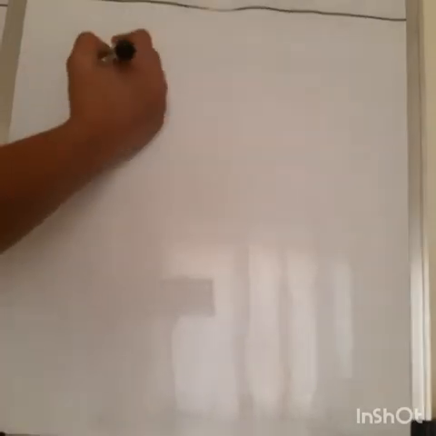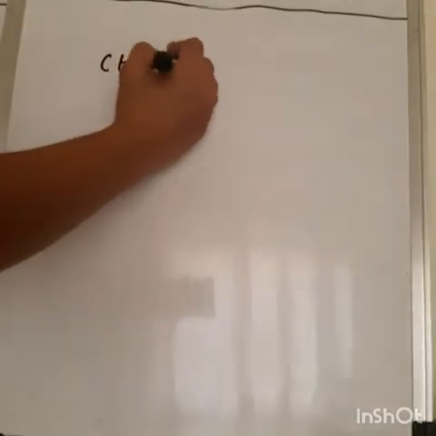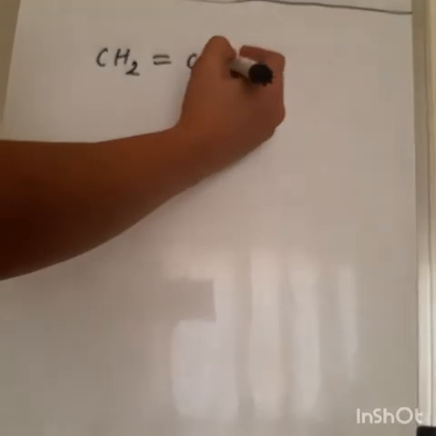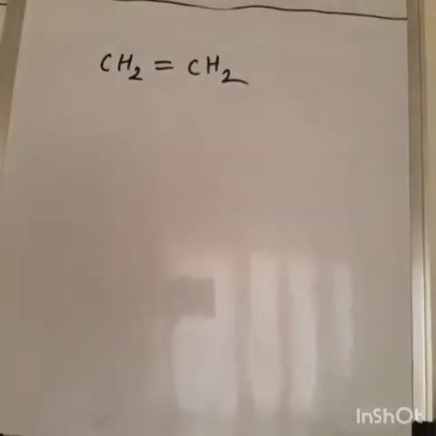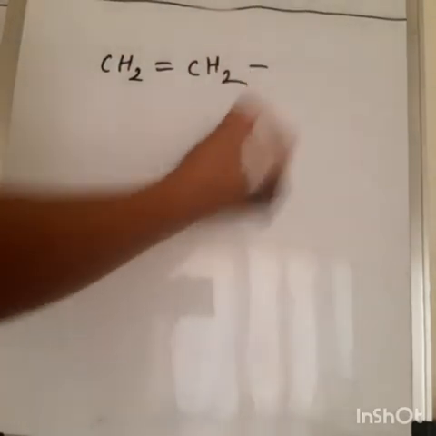For example, we will take one alkene, CH2 double bond CH2.